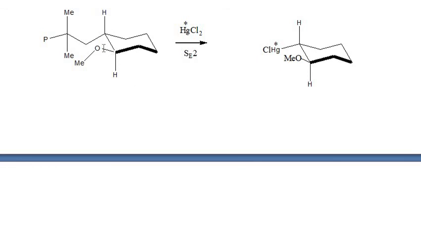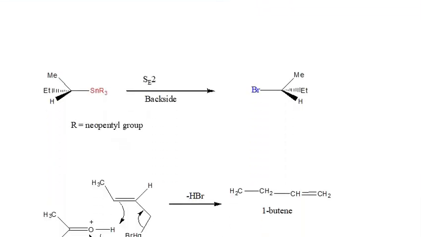Here this is a trans system, and HgCl replaces this group, and this is also a trans system, so retention of configuration remains. Here we can see the backside attack of Br. Br replaces SnR3.